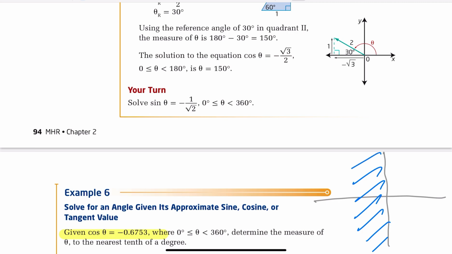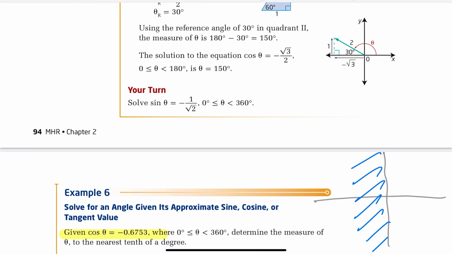So in this section the cos is negative, and because you are working with 0 up to 360 degree, you need to use both these two angles. Your first one will be here, the second one will be here.